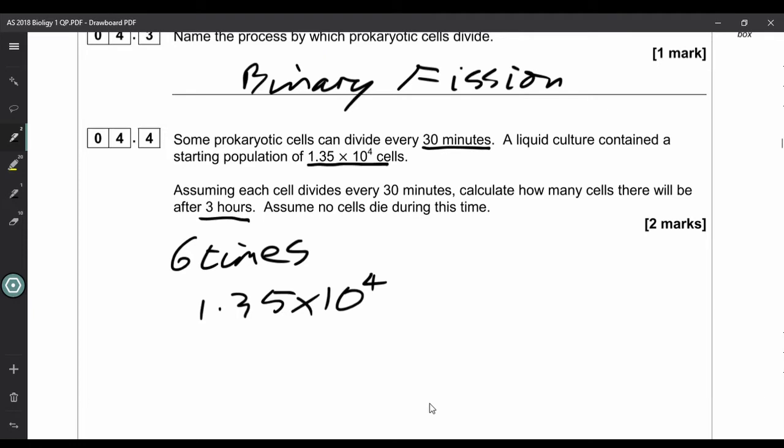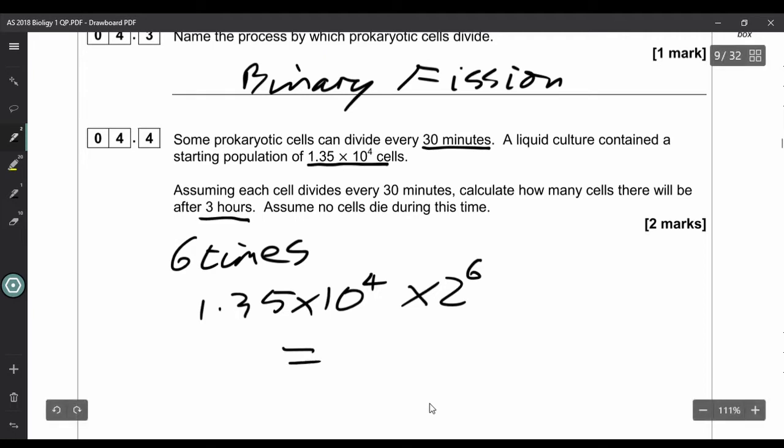So they're going to double, then double again, etc. Some students multiplied this value here by 6 or 24 or some other multiples of 6. But what we need to do is multiply it by 2 6 times. So that's 2 to the 6, which gives us an answer of 8.64 times 10 to the 5.